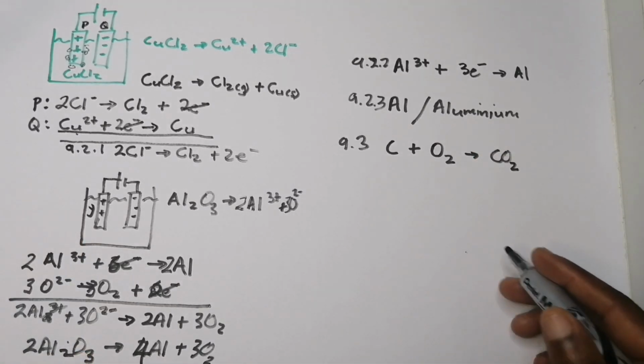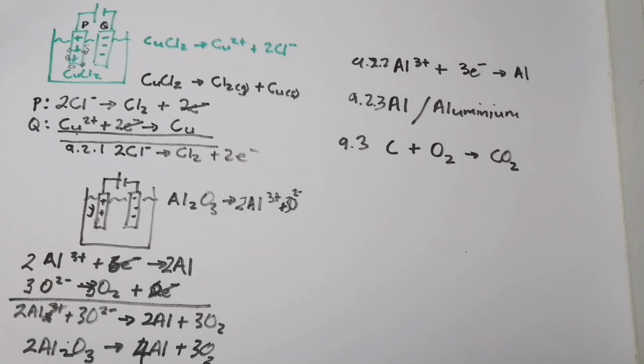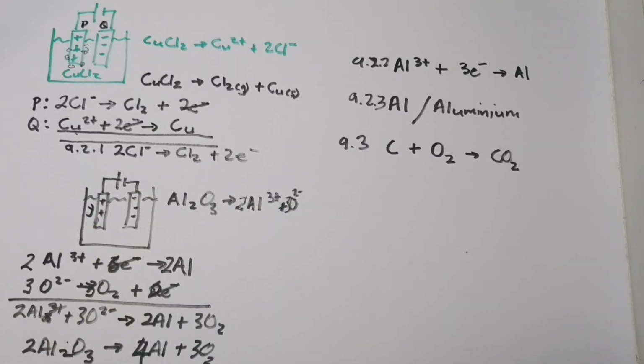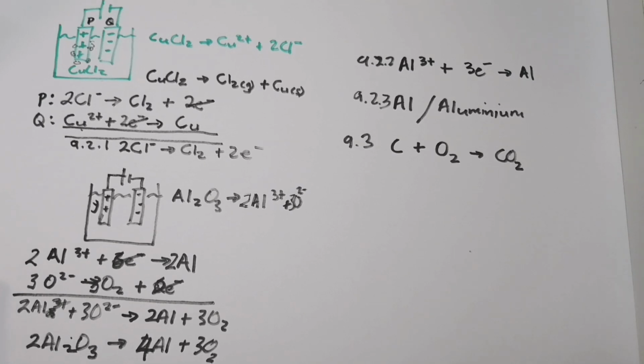So over time, as we form carbon dioxide, the mass of the carbon rod would actually decrease. You didn't need to show that with a reaction unless they asked you to, but that is how the cookie crumbles.